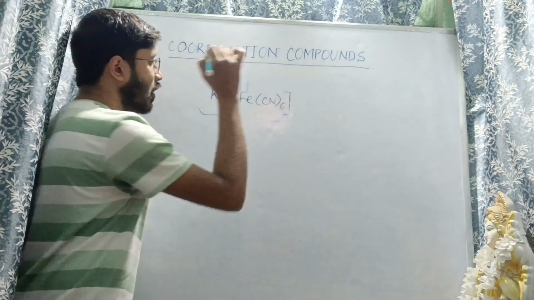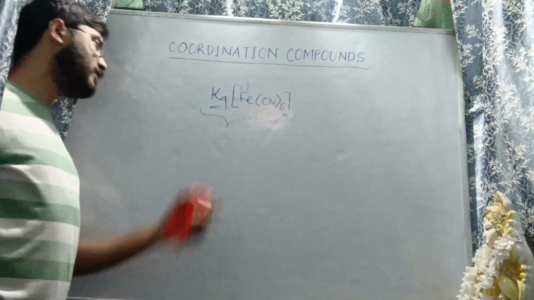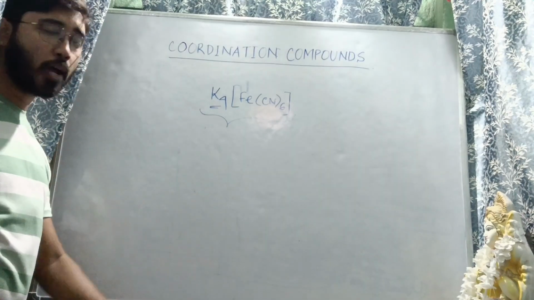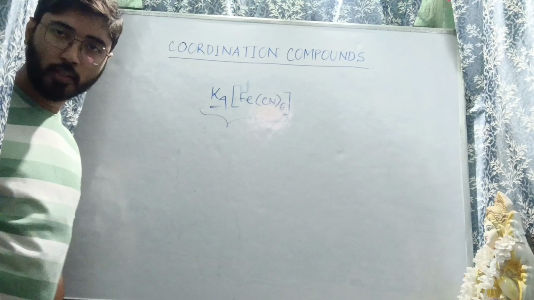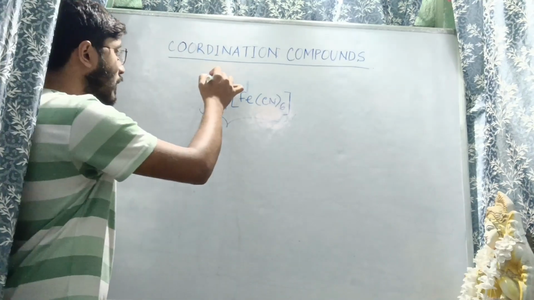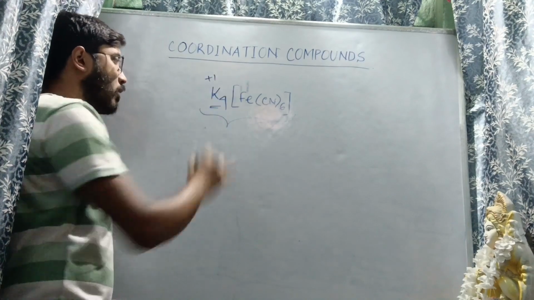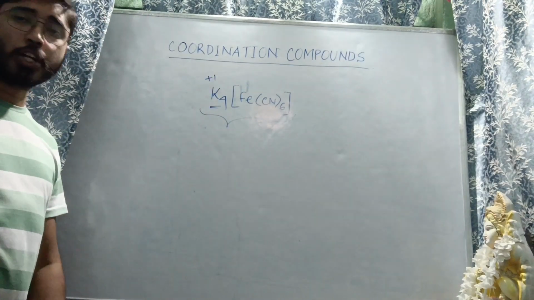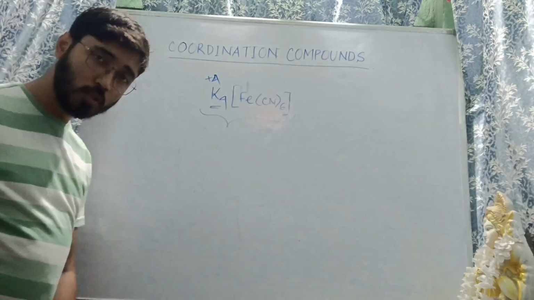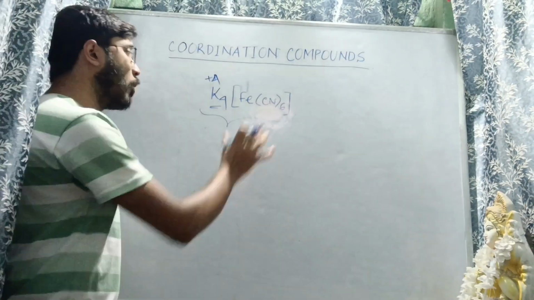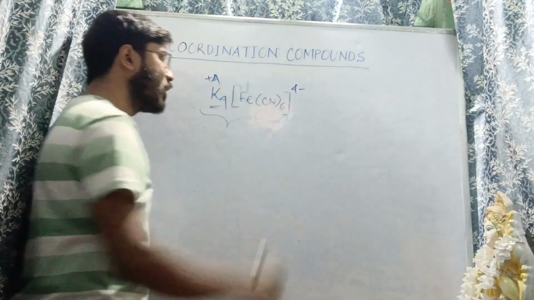It is a complex. In the outer part of the complex, there are 4 potassium ions. Potassium is present in group 1 in the periodic table, so the oxidation number of each potassium ion is +1. Here 4 potassium ions are present, so overall charge is +4. So the complex part must have an overall charge of -4.